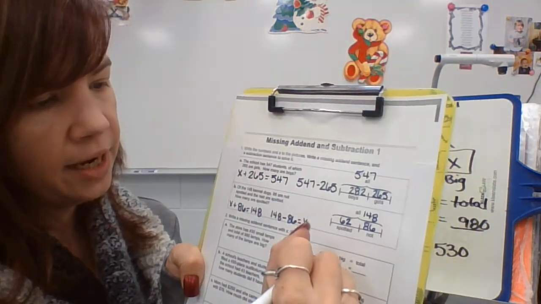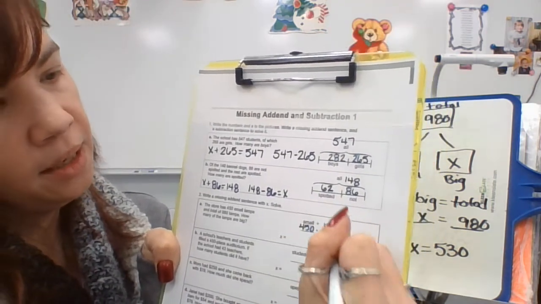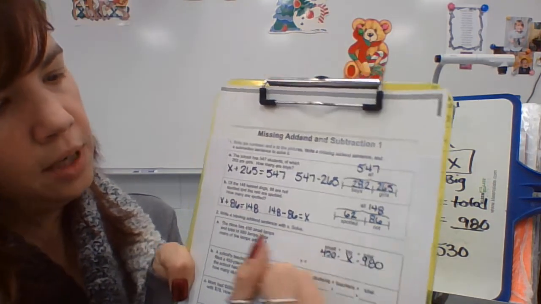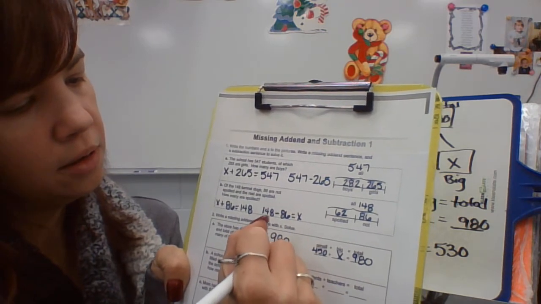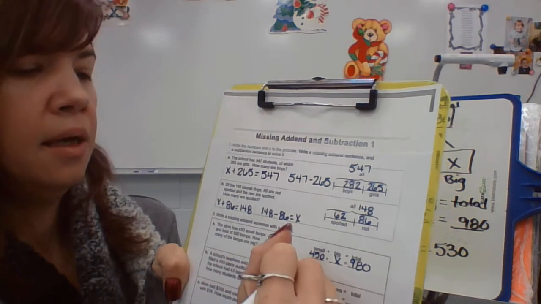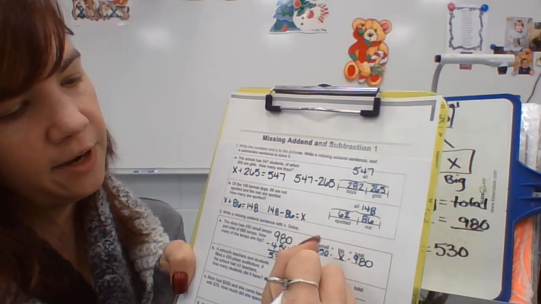All right, so on here, hopefully you've already filled this in. We had 450 small. We don't know how many big, but we know that there were 980 in total. I should see where you have done your subtraction over here to get the 530. So x equals 530.